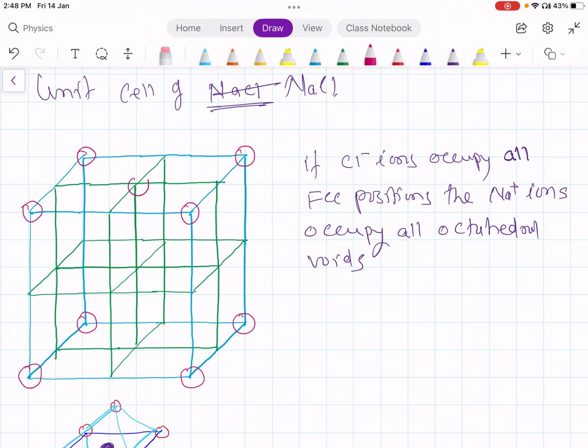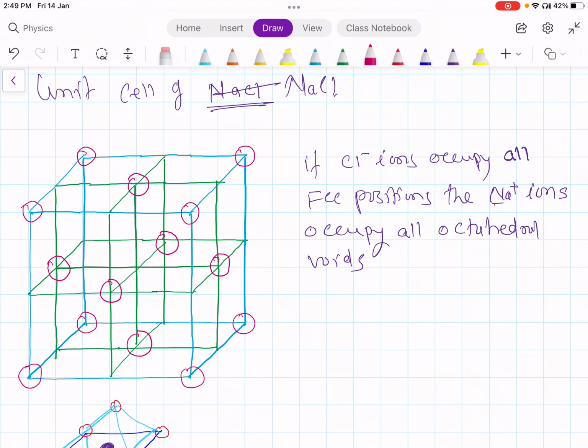This point is the face center of the top surface, this of the bottom surface, and the face centers of the side surfaces. This is the face center of the front surface, and this is the face center of the back surface. In this diagram, I have shown chlorine ions occupying all the FCC positions.